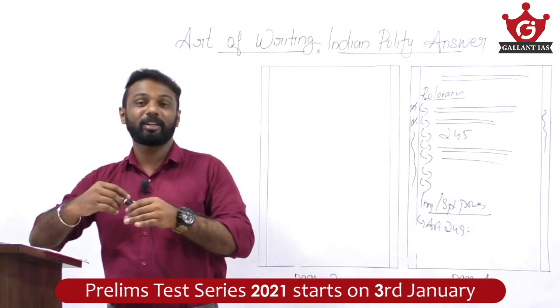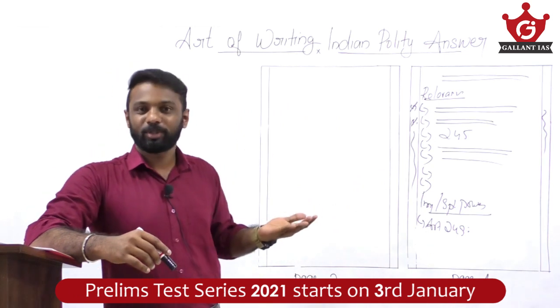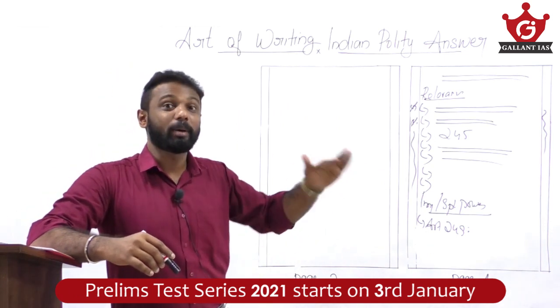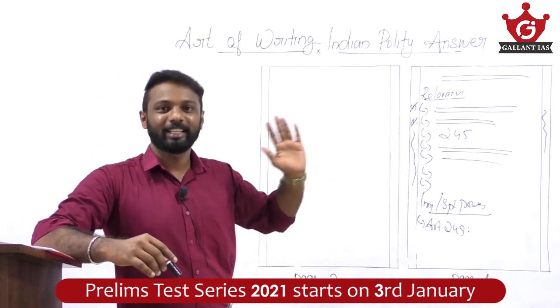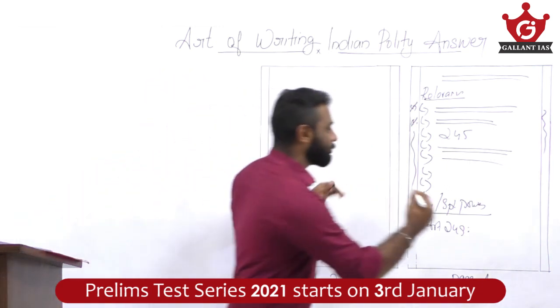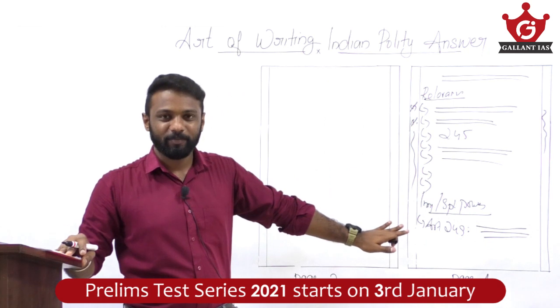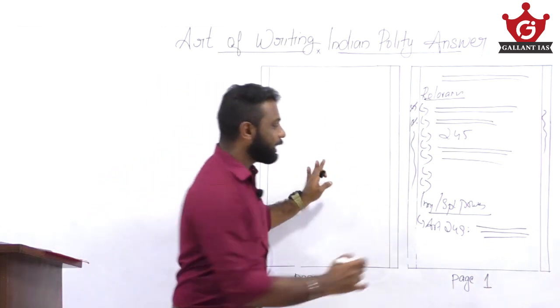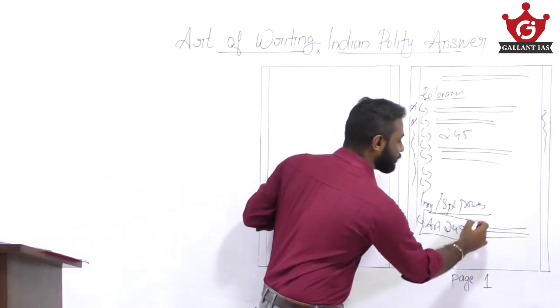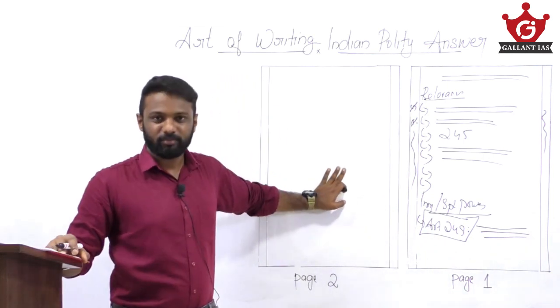What does Article 249 say? If Rajya Sabha passes a resolution by special majority, then Parliament can make a law on the state list. So, some special powers are conferred on Rajya Sabha. Write that. If you know, try to mention the constitutional provisions.